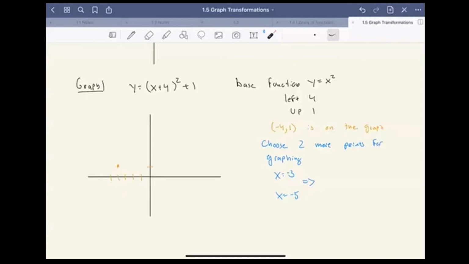So both of these give me y equaling 2. Okay, so the points -3, 2 and -5, 2 are on this graph. And that gives me enough to graph the parabola with MyLabs Plus.